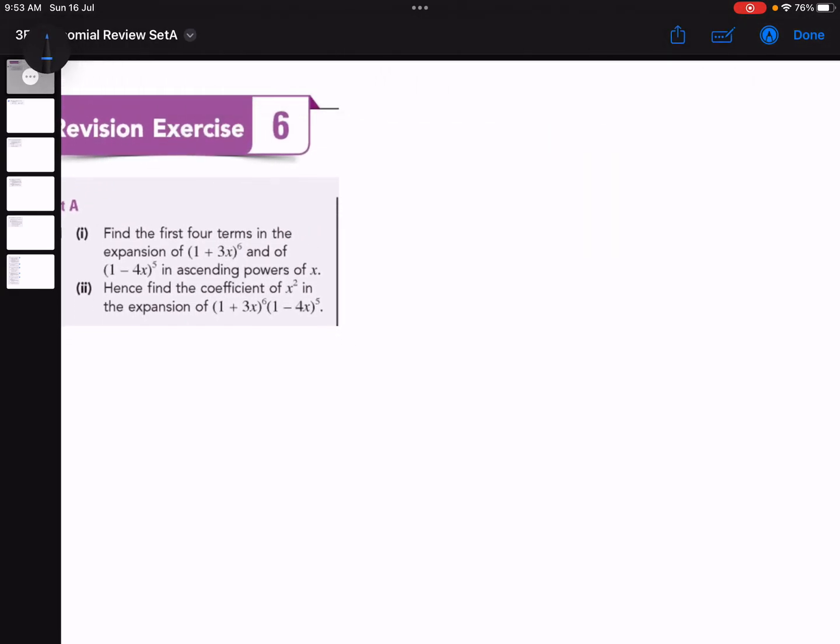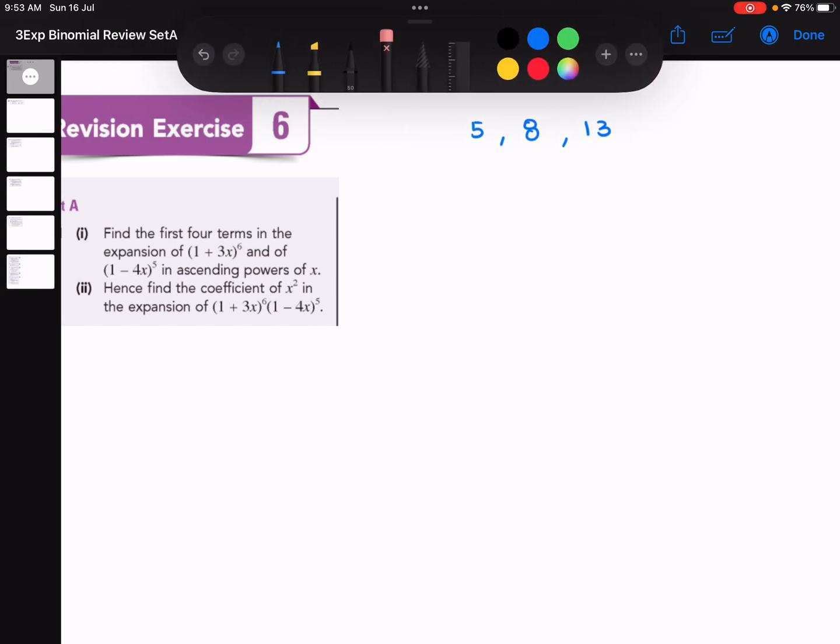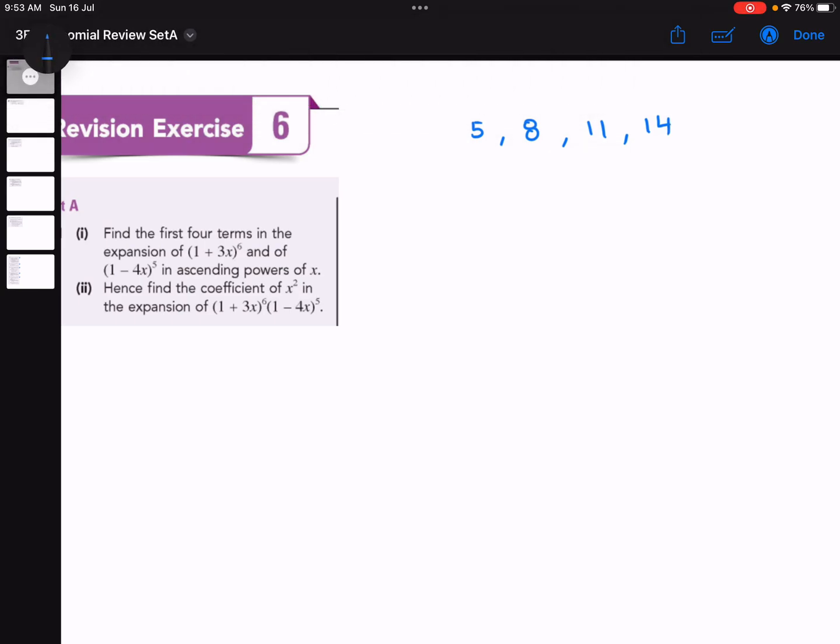Let's show you what I mean. Okay, so let's think about number pattern. So this is my number pattern. This is called our term 1.